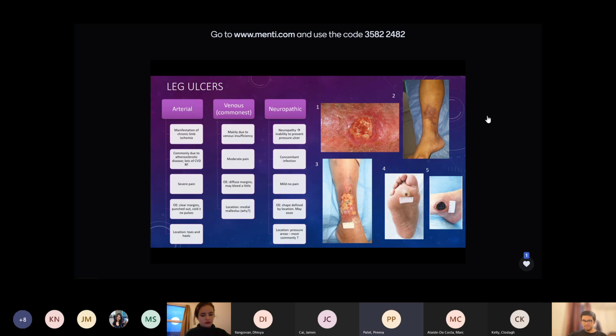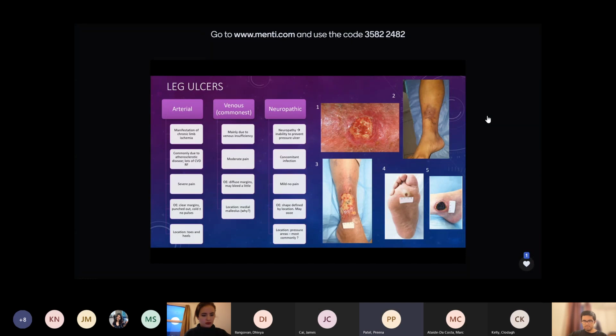Yep, so number three was venous. Number four is neuropathic. Perfect. If you look at it, it's on the base of their toes, where you would have pressure from the arch of your foot. So that's the neuropathic one.